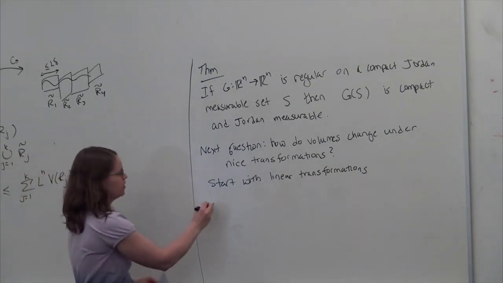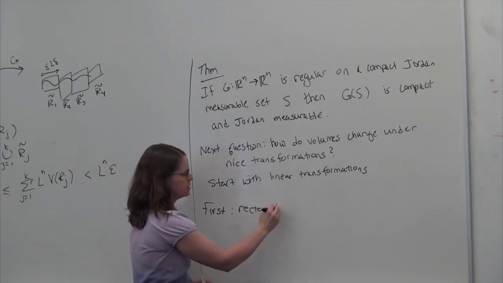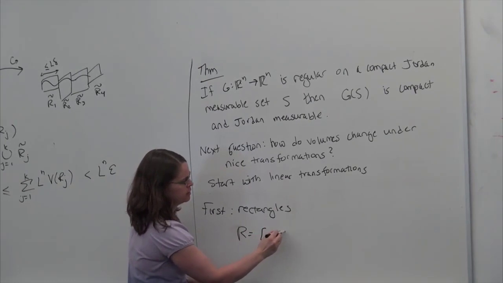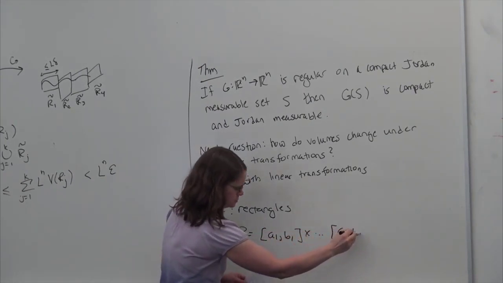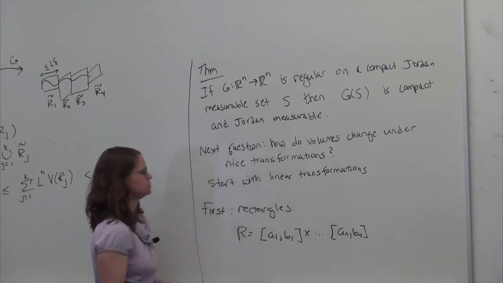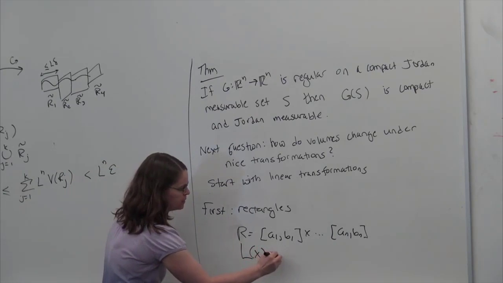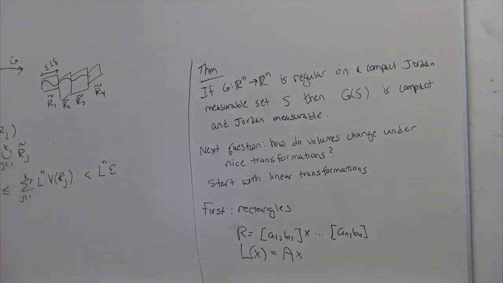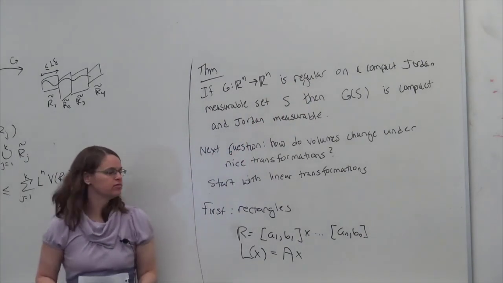All right, so first of all, rectangles. Okay, so R is just some rectangle in R^n. All right, and our transformation is of the form A times X, where A is some invertible matrix, right? We know we only want invertible matrices.